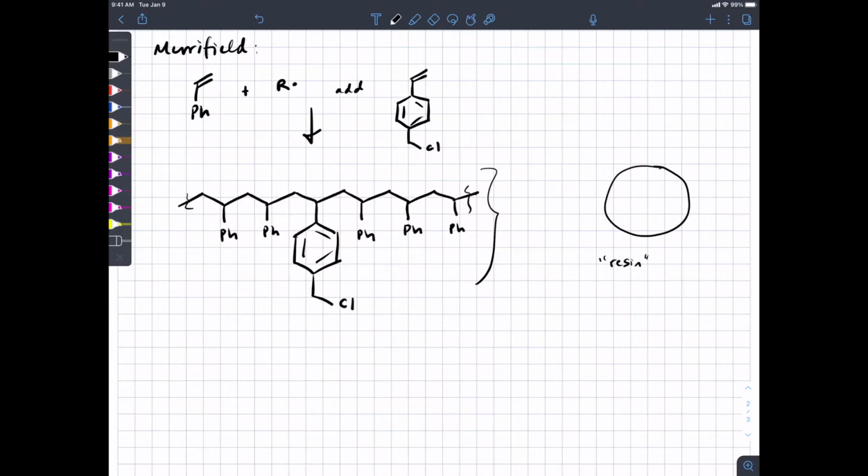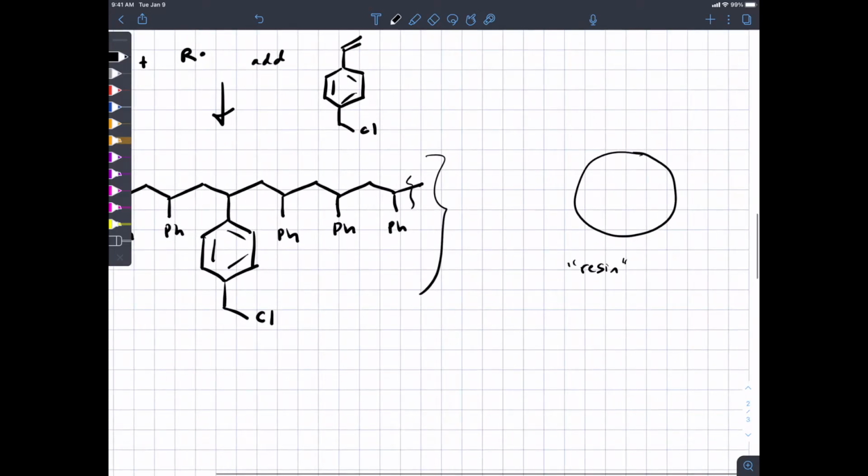You've heard of epoxy resin. The idea is a polymer that starts out as liquid and becomes solid is some kind of resin. So here is the polystyrene bead, and at various spots, both inside and outside on the surface of the bead, you have these functional groups, which are the benzyl chlorides. Okay, and on each bead there would be thousands and millions of these.